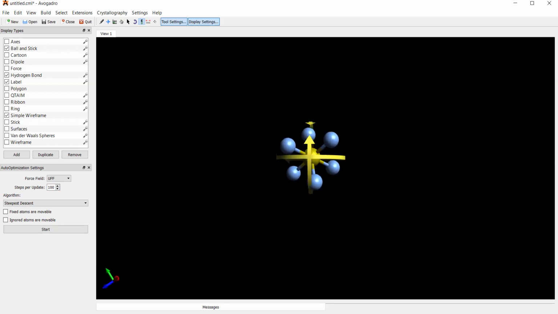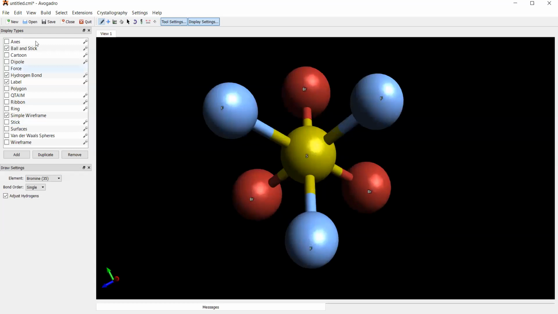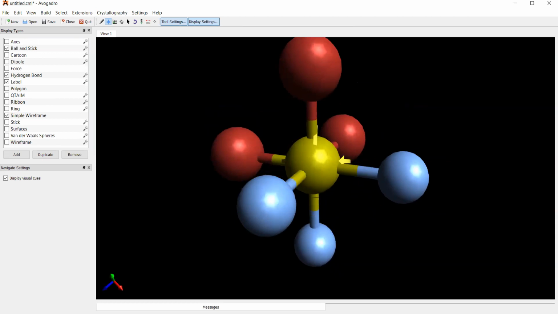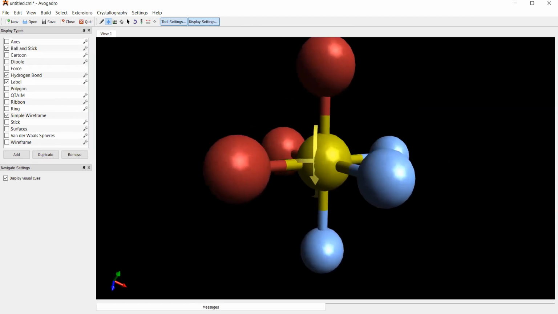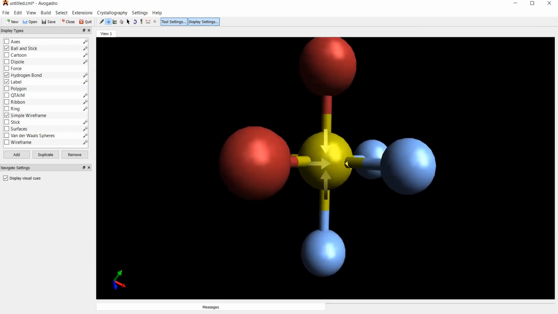Wait a second. So this is octahedral, right? Yes or no? You have 4 atoms in a plane, 1 atom above and 1 atom below. Correct? Yes.